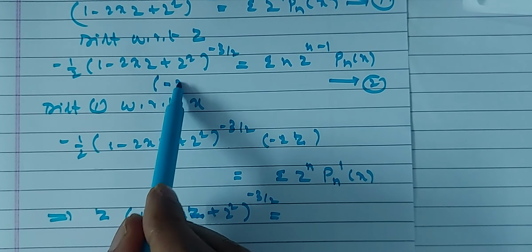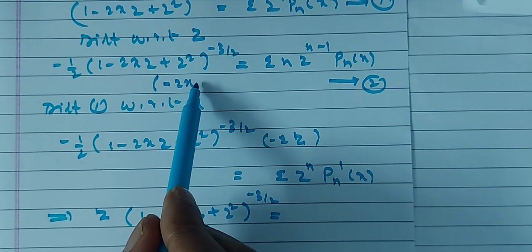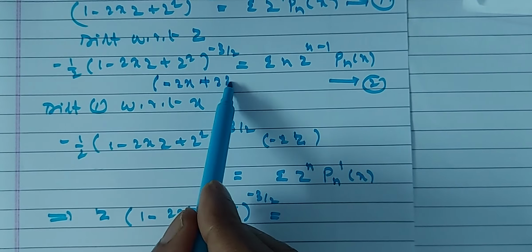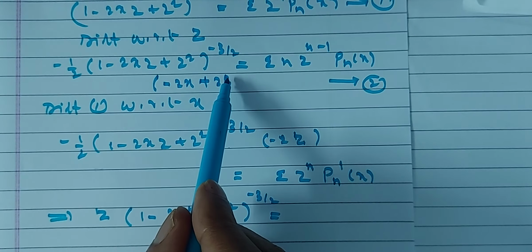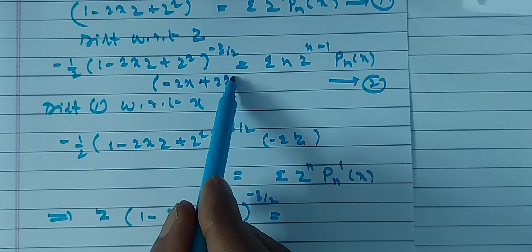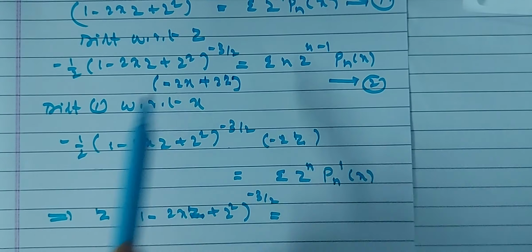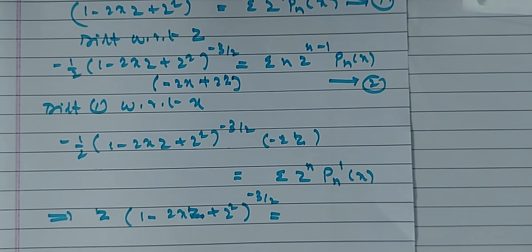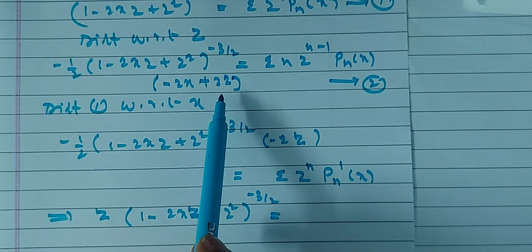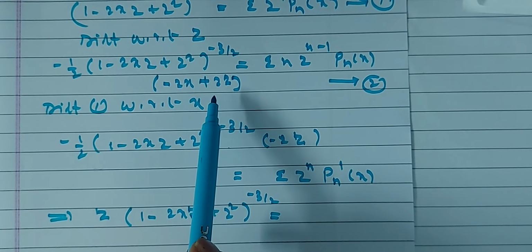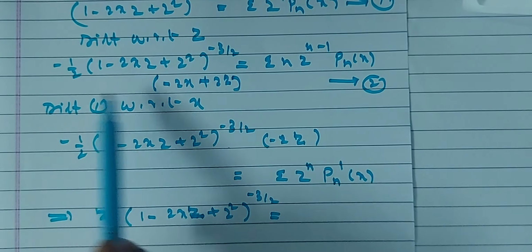Minus 2x plus 2z, minus 2x plus 2z. So minus 2x plus 2z means another step, because minus 2 is to be common.